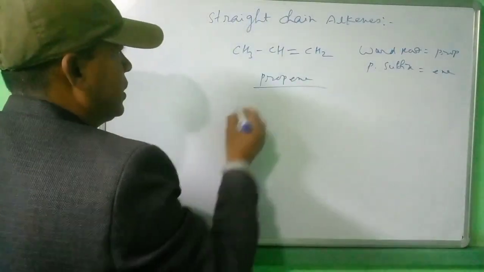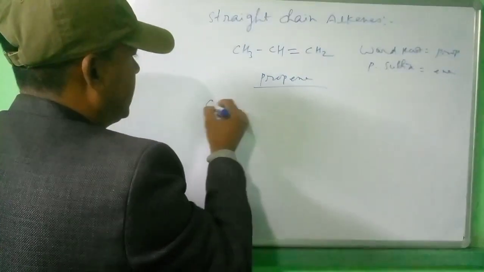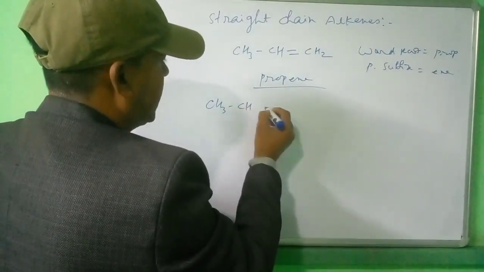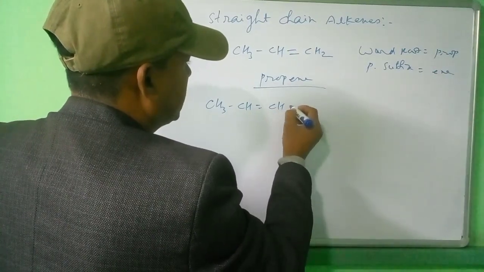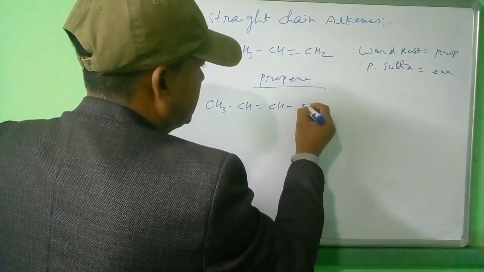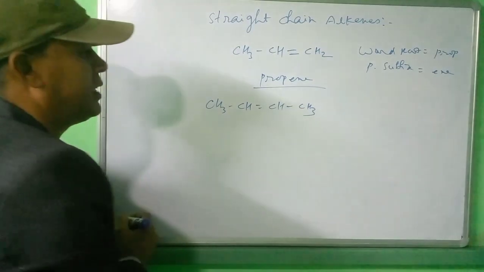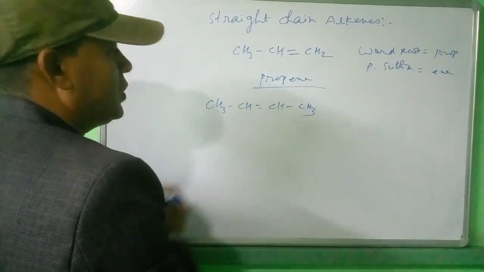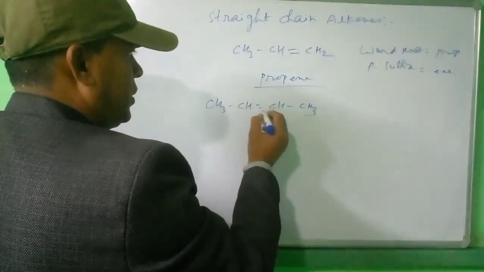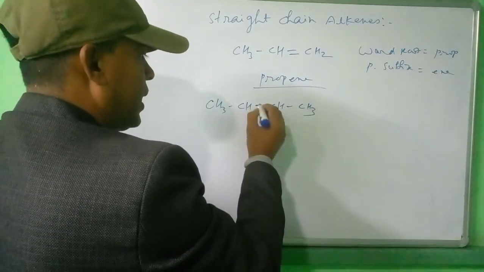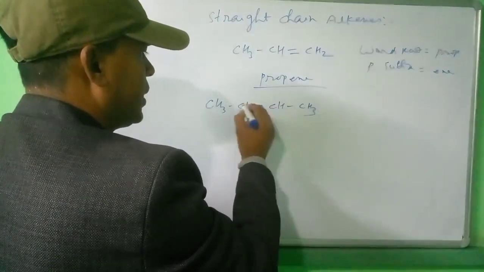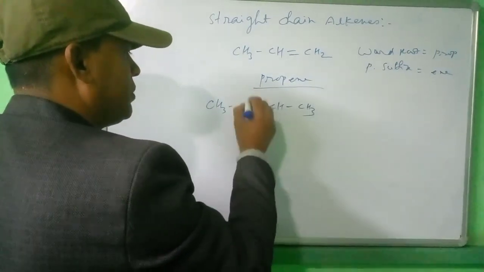So propene. Now with more than 3 carbons, CH3, CH, double bond, CH, and then CH3. So what is the name? We have to focus on the double bond in the straight chain compound. This double bonded carbon we have to give the lowest possible number.